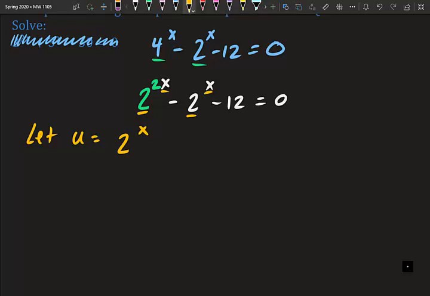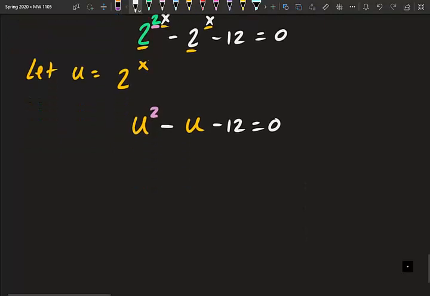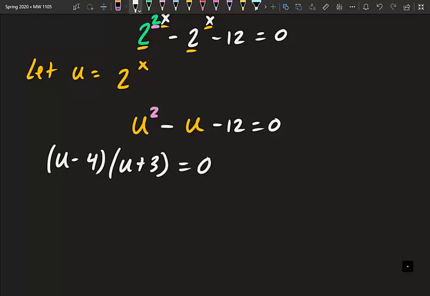So here we have U squared minus 2 to the power of x, which just represents U, minus 12 equals 0. Now we factor. So when we factor, we can factor this into U minus 4, U plus 3 equals 0. Simplify. So we have U minus 4 equals 0, U plus 3 equals 0. That means we have U equals 4 and U equals negative 3.